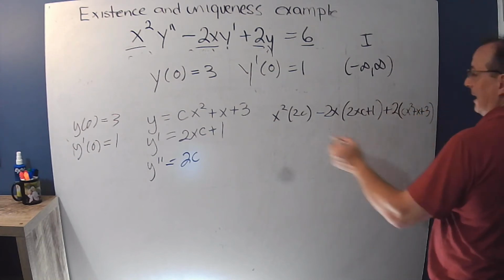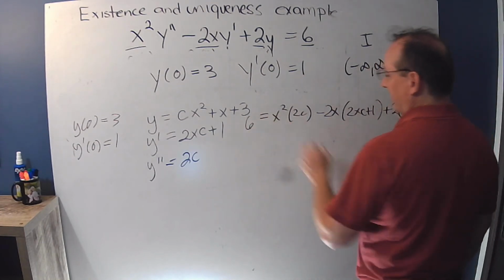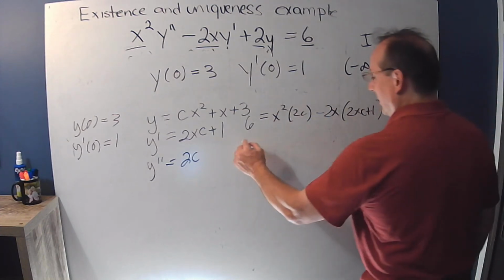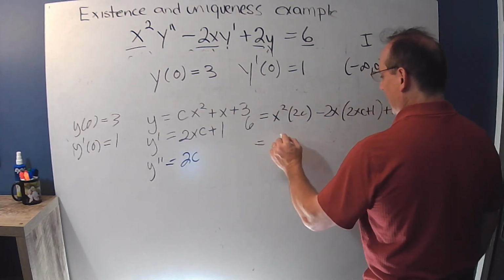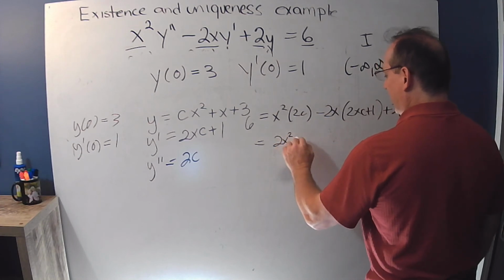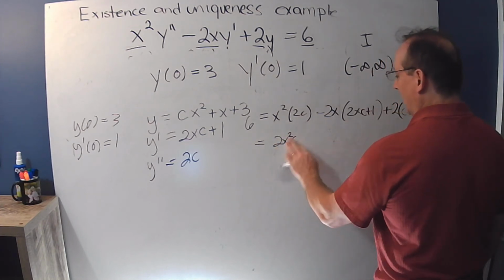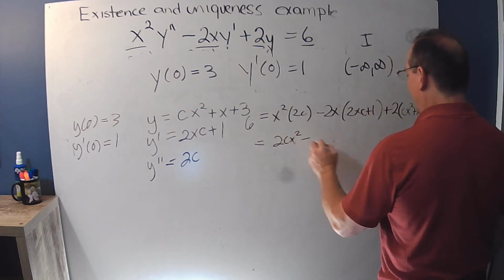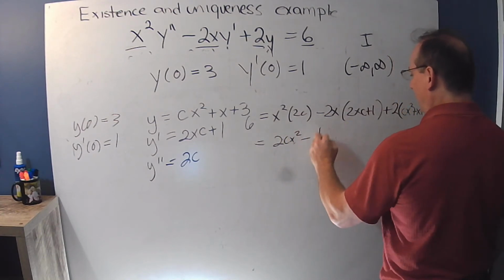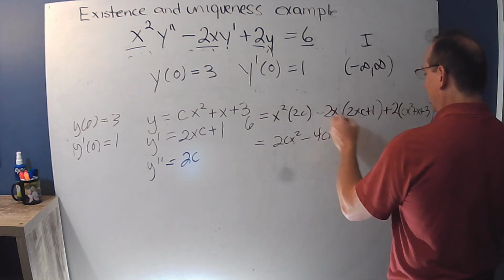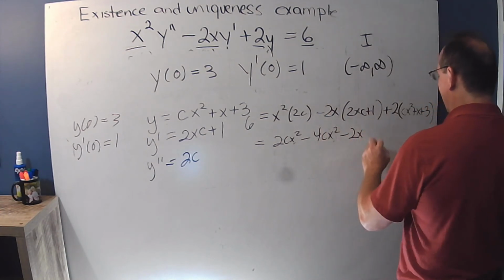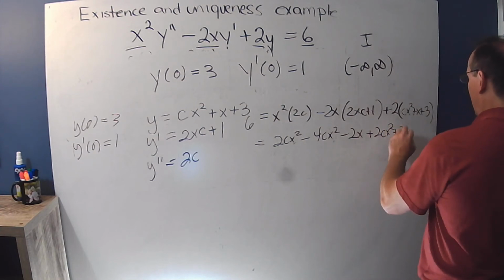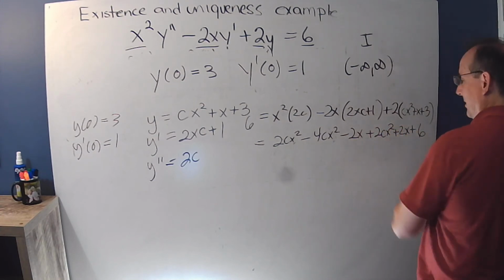And we would like to know, is this 6 or not? Well, let's check the math here. So this equals 2cx squared, and then minus 4cx squared minus 2x plus 2cx squared plus 2x plus 6.